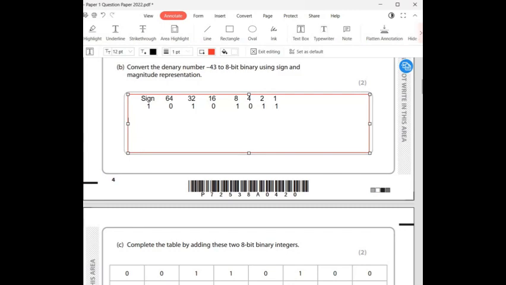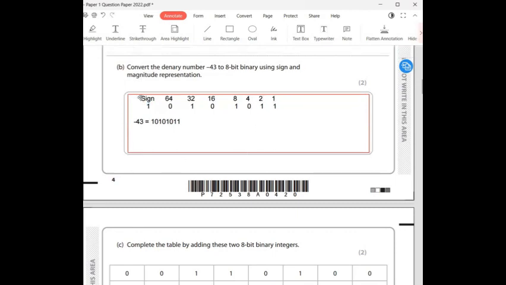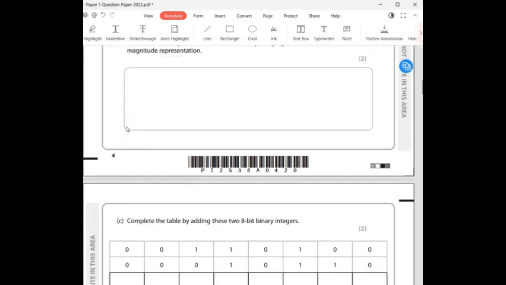As it's a sign, -43 is going to equal 1, 0, 1, 0, 1, 0, 1, 1. That's your sign and magnitude. So you'll get 1 mark for adding 1 as the most significant bit, and then another mark for the rest of the pack. That's literally it for sign and magnitude. Nice and easy. My favorite way of doing negative numbers in binary.